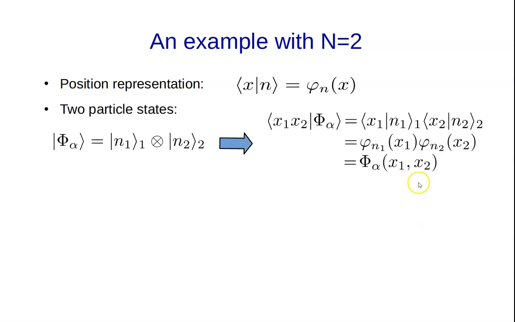So this is what I just did. I just wrote these basis states in position representation. So now we can try to see what we get from exchanging the particles. Okay, so the question we want to ask is this.